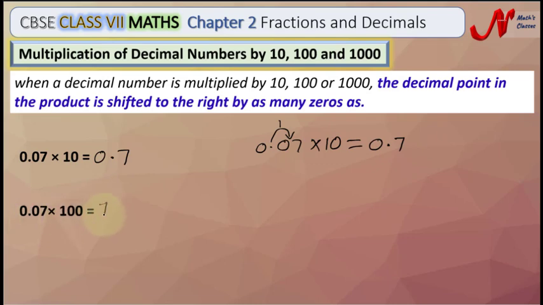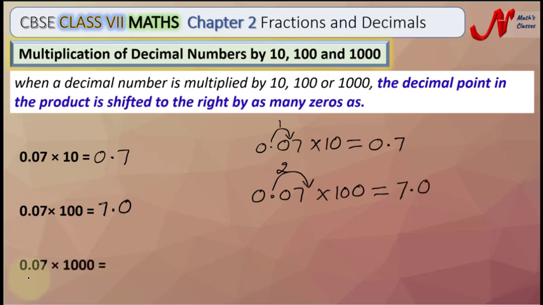It can be written as 7.0, because when we multiply 0.07 with 100, here we have two zeros, so we shift the decimal point two places to the right, so it can be written as 7.0.